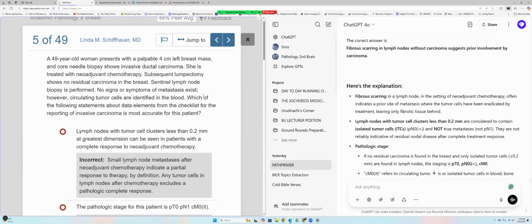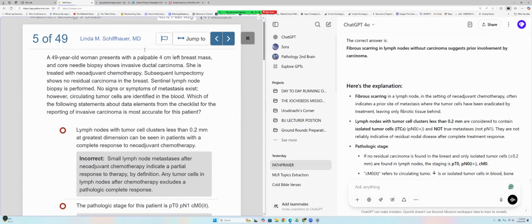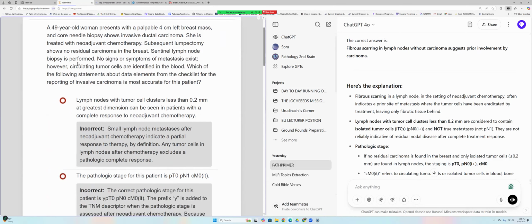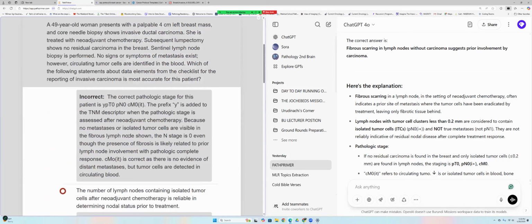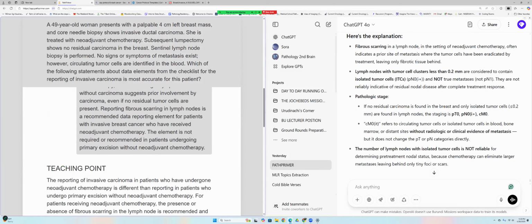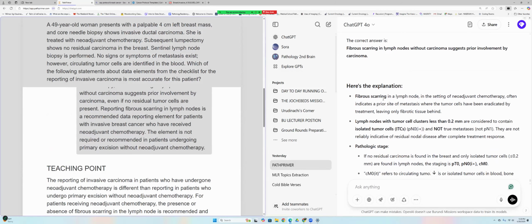Circulating tumor cells identified. Okay, so this was where the confusion came, the blood. But if the biopsy is fibrotic, that's why it's ypT0 and 0. Let's look at what ChatGPT said. Fibrous scarring in the lymph node in the setting of neoadjuvant chemotherapy often indicates a prior site of metastasis where the tumor cells have been eradicated by treatment, leaving only fibrotic tissue behind.